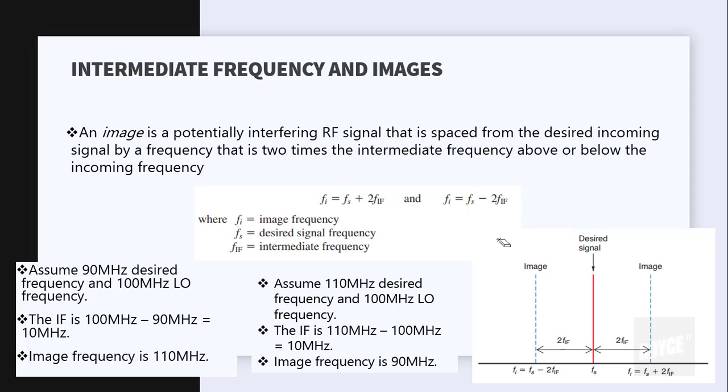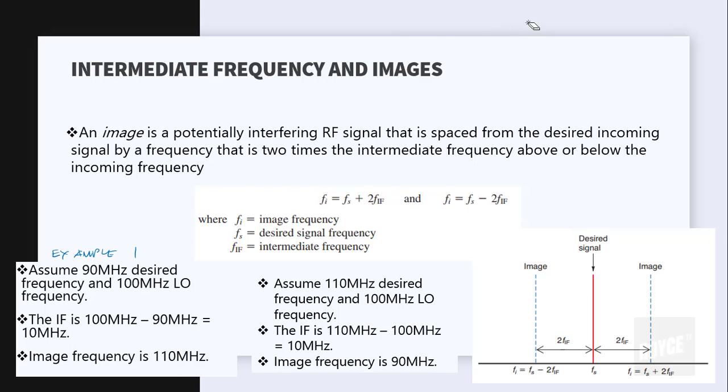To give you an example, let's say that ito, example 1. Let's say that we have a desired frequency of 90 MHz and we have a local oscillator frequency of 100 MHz. The IF of this is 10 MHz. Tama?